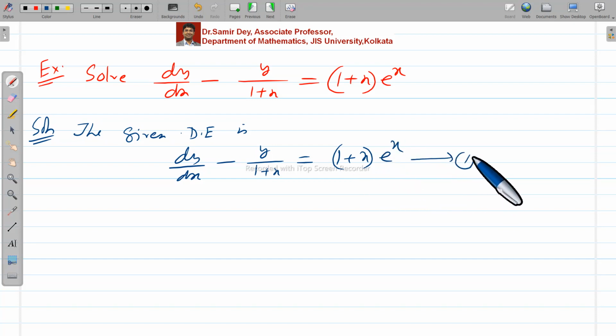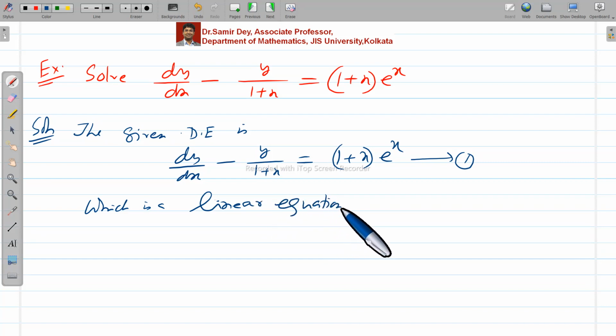So number one, please write down, which is a linear equation of y with respect to x. Why am I writing this line? Because y, the main variable, depends on the x variable. Why am I writing like this? Because of dy dx. You want to differentiate y with respect to x. So y is a dependent variable and x is an independent variable.